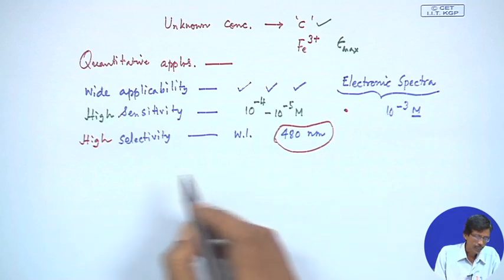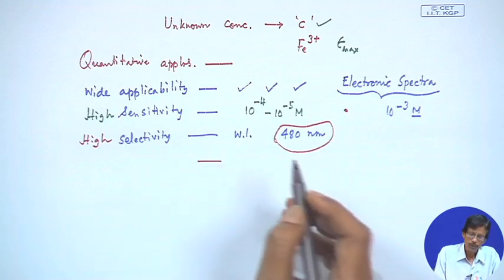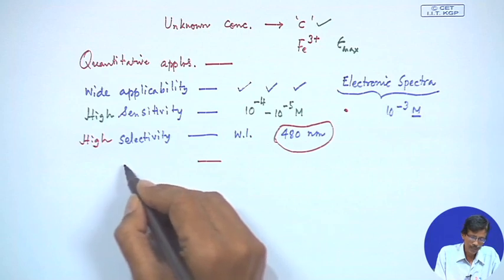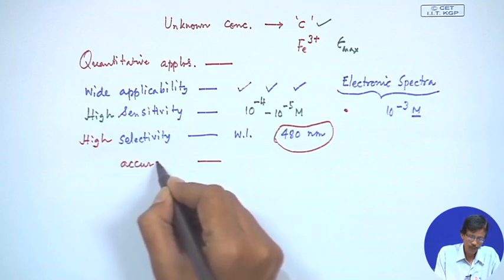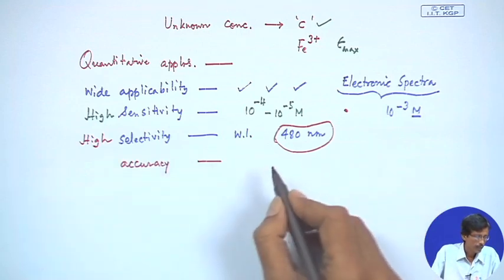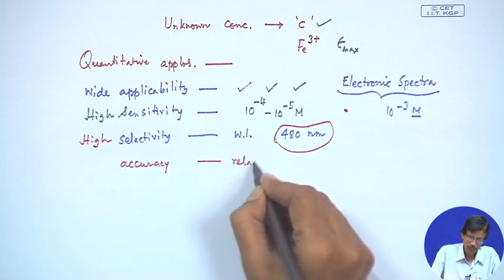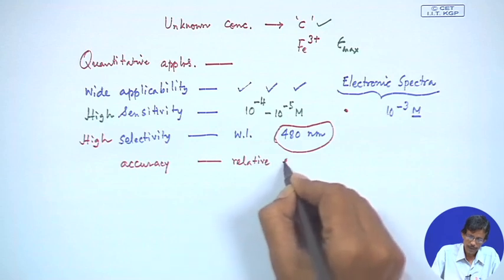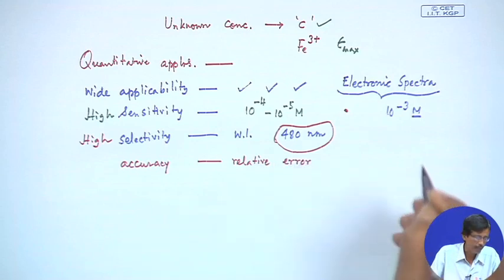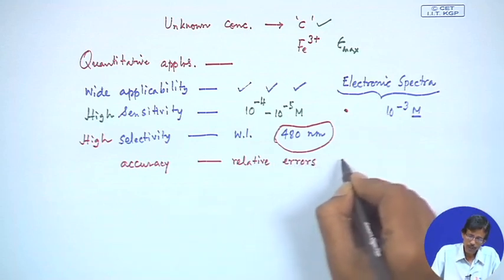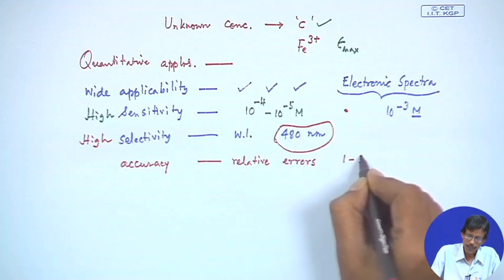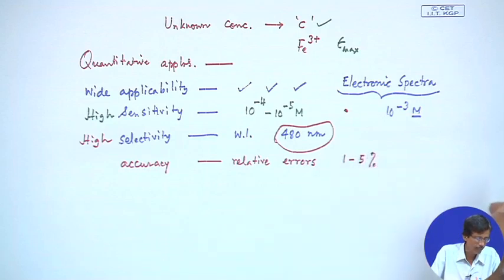selectivity. Then, how good is it in terms of accuracy? That means how far we can measure in terms of relative errors for multiple measurements. In all these cases the relative errors range only from 1 to 5%.